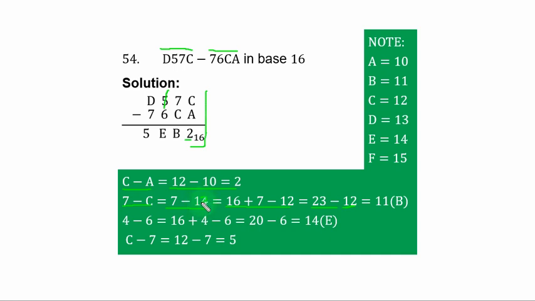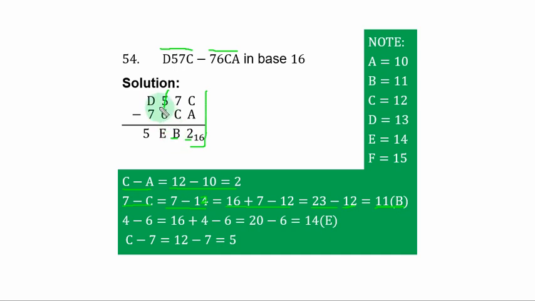So this place is 12. Okay, and 7 minus 12 cannot. You borrow from the 5 position. That one you borrow is equivalent to 16. So you add 16 to 7 and subtract 12. That is 23 minus 12, and you have 11. In base 16, 11 is equivalent to B. So you write the B down.